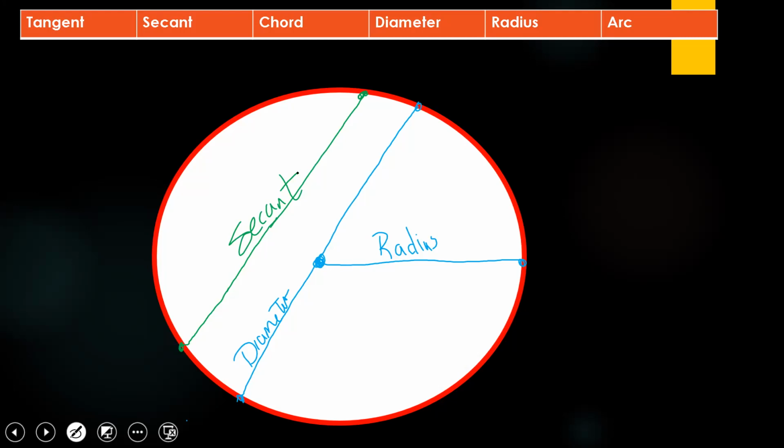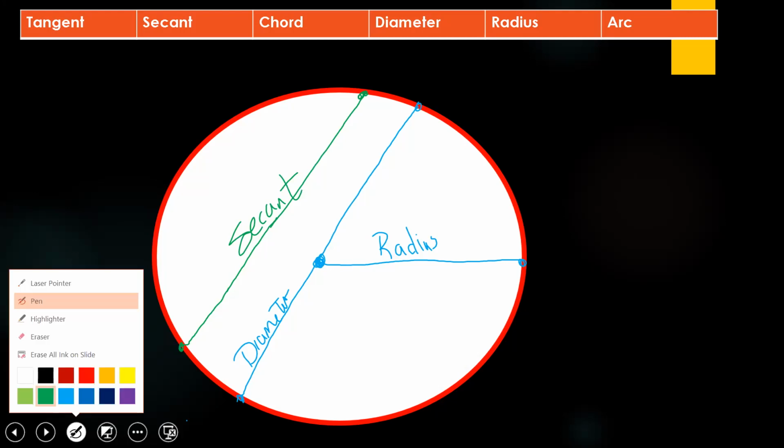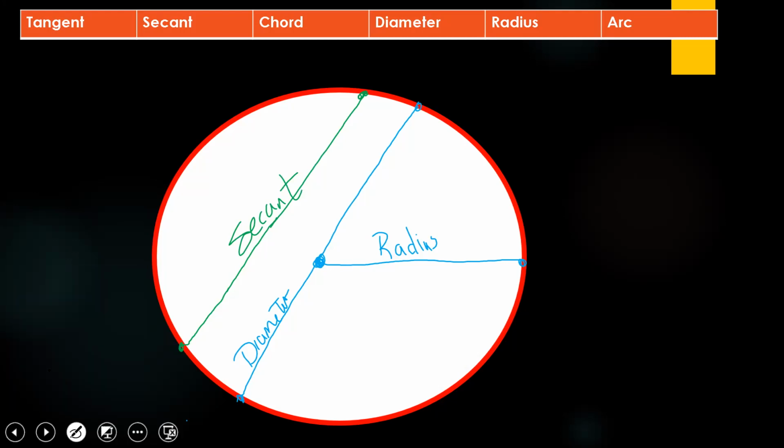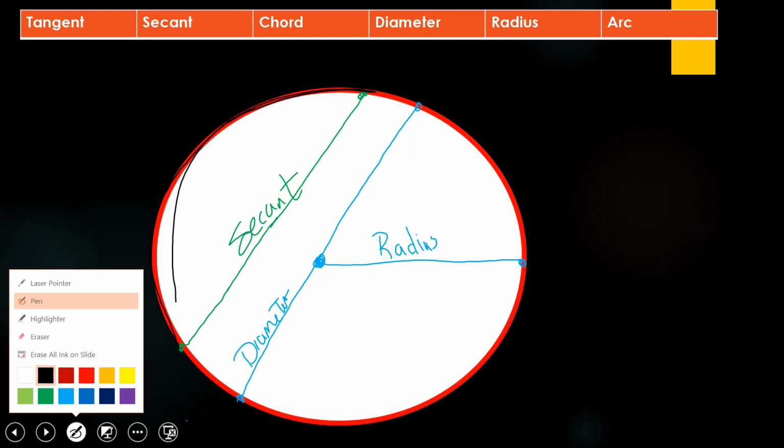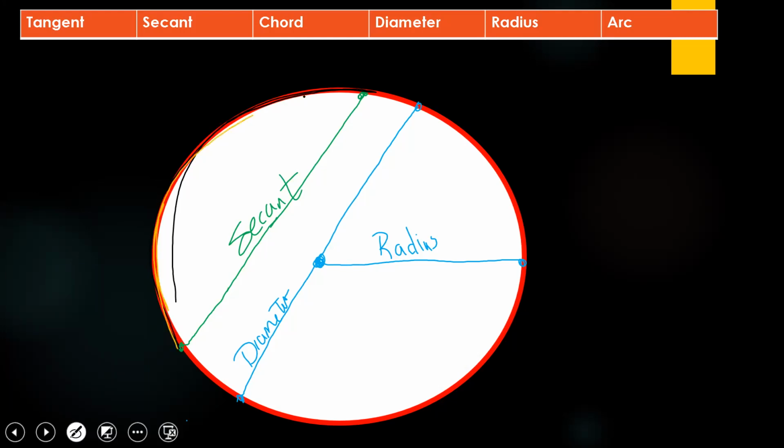If these two endpoints are on a circle and it passes through the center, this is a diameter. And if it's not passing through the center, this is a secant. Now, a curve whose endpoints are on a circle, we call it an arc. This is an arc. It's not a line. It's a curve, and the two endpoints are on the circle.